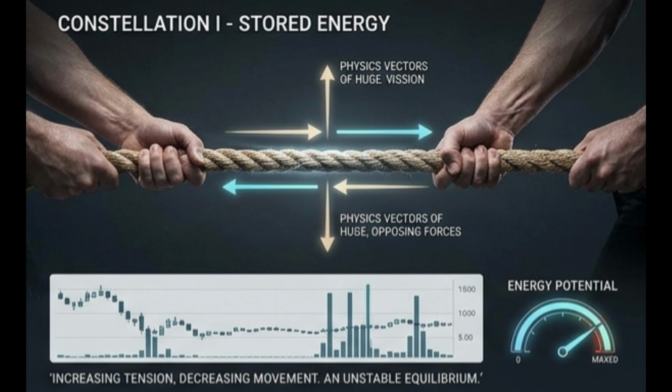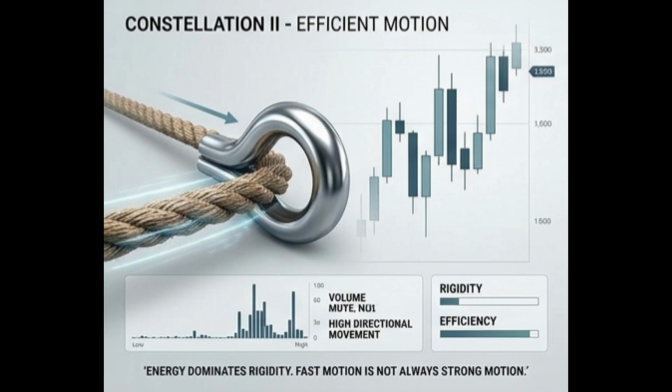The same constellation often appears in financial markets. For example, above-average trading volume, increasing price compression, narrow trading range, repeated rejection from the same area. None of these observations alone proves anything. Together, they describe a market where energy is being absorbed faster than it can be released.